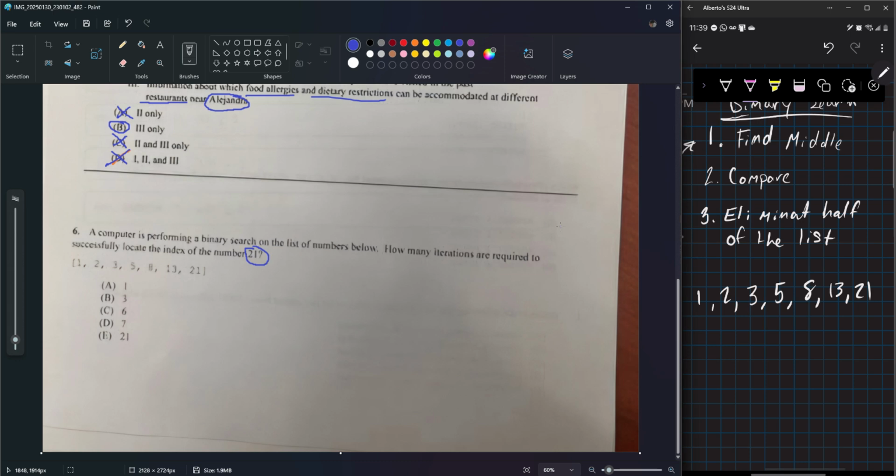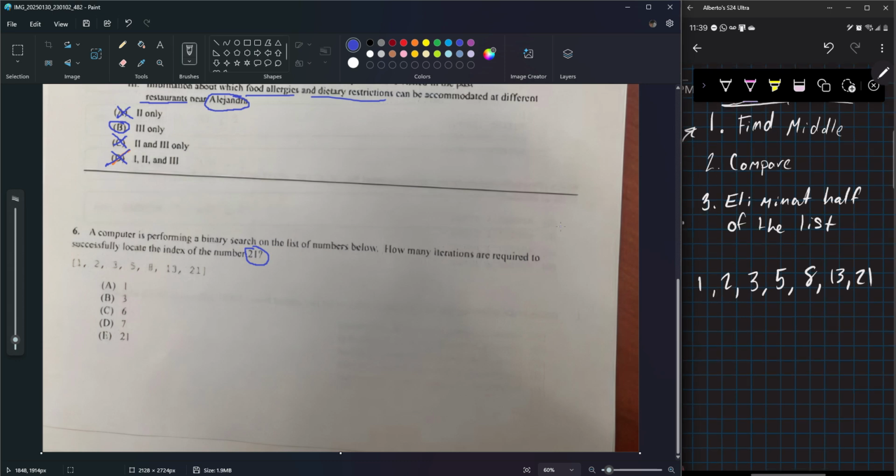So first, let's find the middle. And it's very obvious that it's 5. So this is our middle. The target, remember, is 21. So is 5 greater than or less than 21? 5 is less than. So then we delete this half. And this is our new list.